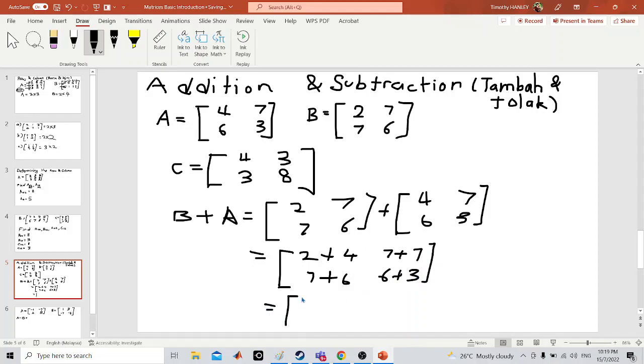And we just solve this, we will get 2 plus 4 is 6, 7 plus 7, 14, 7 plus 6, 13, and 6 plus 3 is 9. And this is the final answer.